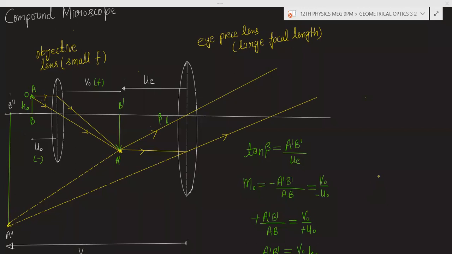If they are asking to draw the ray diagram for the compound microscope for the normal adjustment, then the final image will be at infinity. So accordingly you will draw these final rays at infinity, means you will draw these rays like parallel rays.